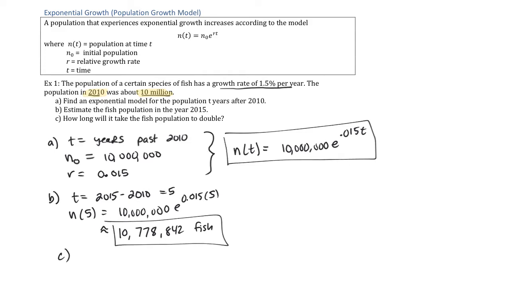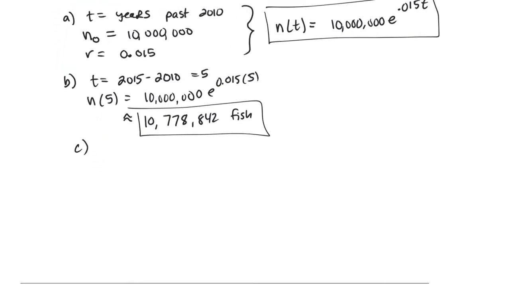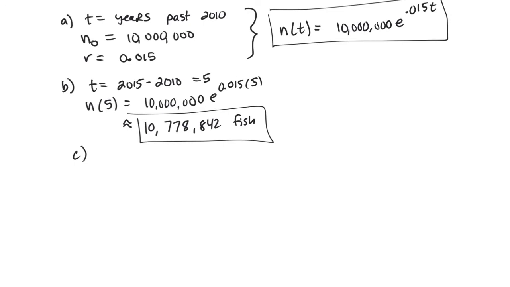And part C, how long will it take the fish population to double? All right, well, the initial population is 10 million, so doubling it would be 2 times that. So 2 times 10 million is going to be our output, and we want to know the time needed to get to that output.